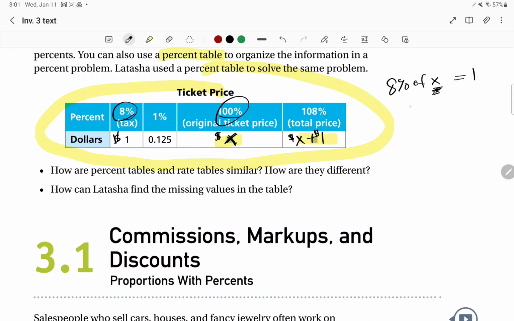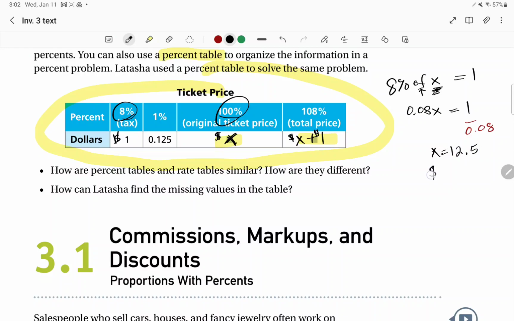So we're going to change 8% into a decimal, which is 0.08. And when you see the word "of," that means multiplication. So 0.08 times X is equal to 1. We need to figure out what number times 0.08 gives us 1. We can just ask the opposite question and divide 1 by 0.08, and that will give us X. When we do that, you would get 12.5.